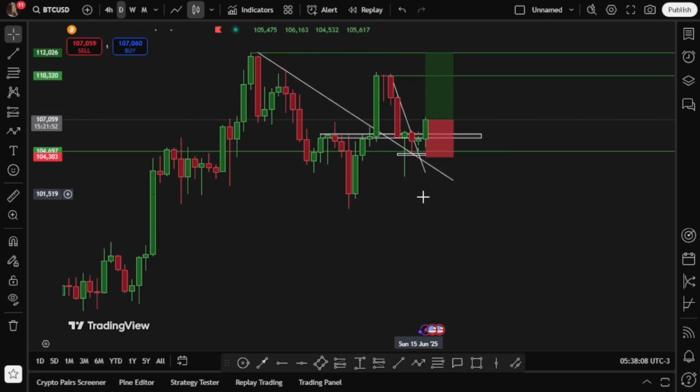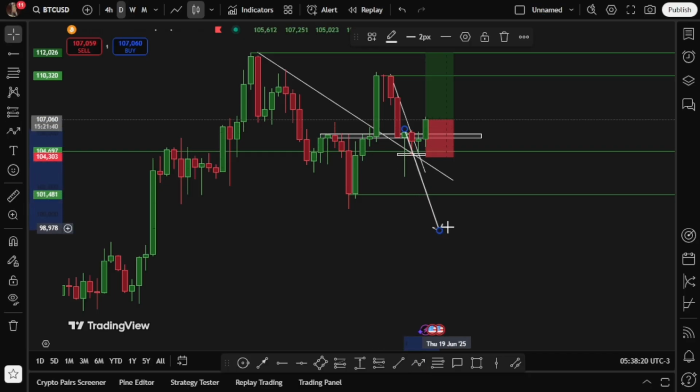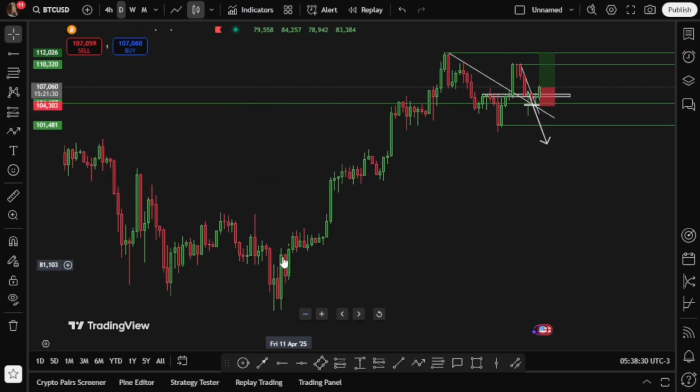Now, if I wanted to sell BTC, I would have waited for price to come and break below here, or I would have waited for price to break below here. Why? Because once price breaks below here, the overall direction of this move is changed. I can see price is currently bullish around there.